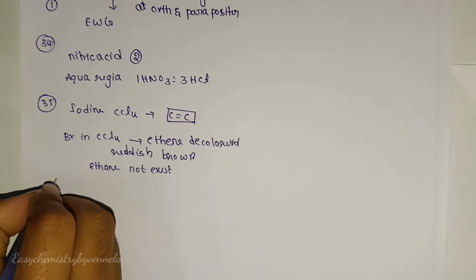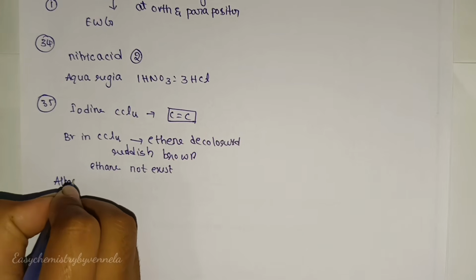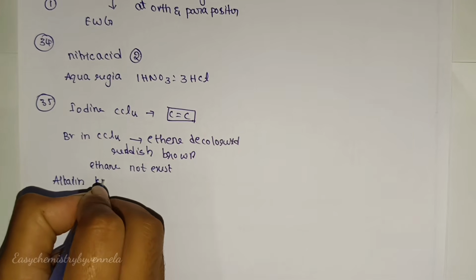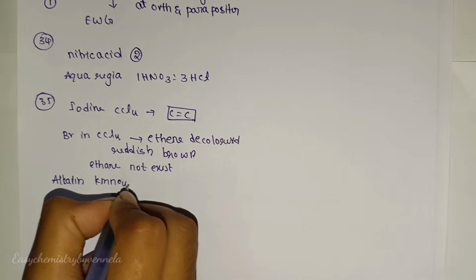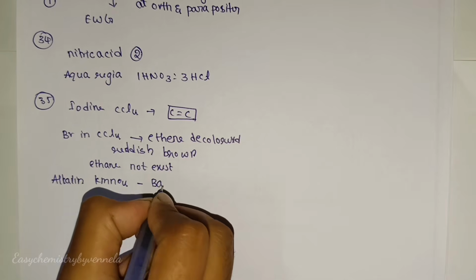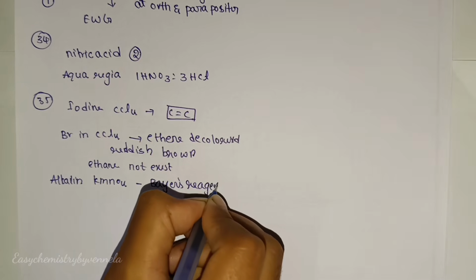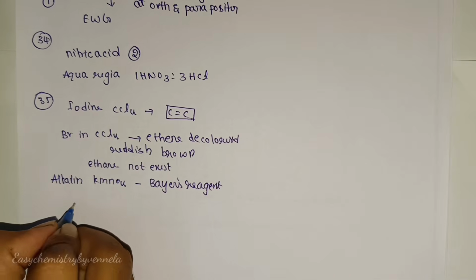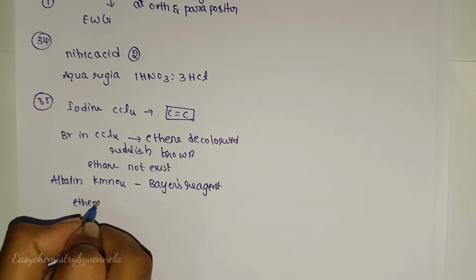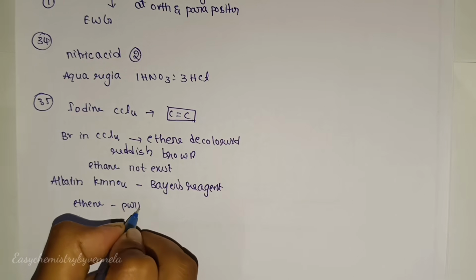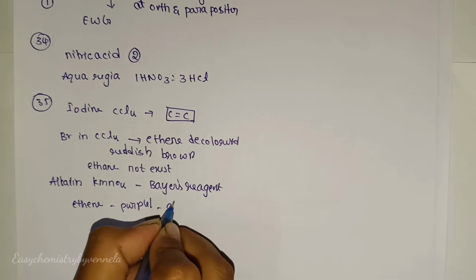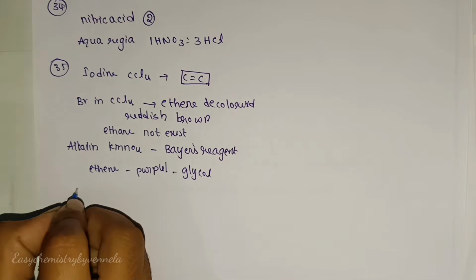Next, alkaline KMnO4 is Bayer's reagent. In this, ethene decolorizes the purple color, forming glycol.